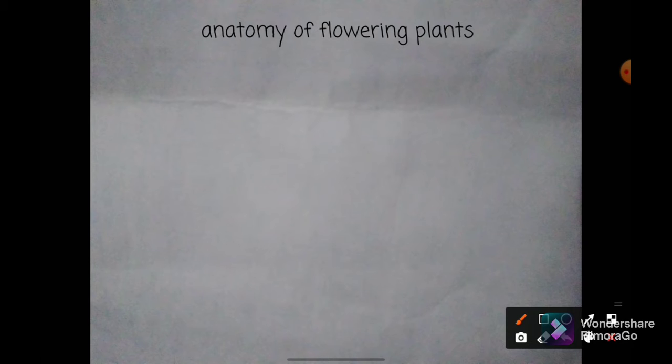Now we are only going to concentrate on angiosperms, and angiosperms also have two major categories, that is monocots and dicots. The interesting thing is that these two categories belong to angiosperms, but still their internal structures are very much different from each other.